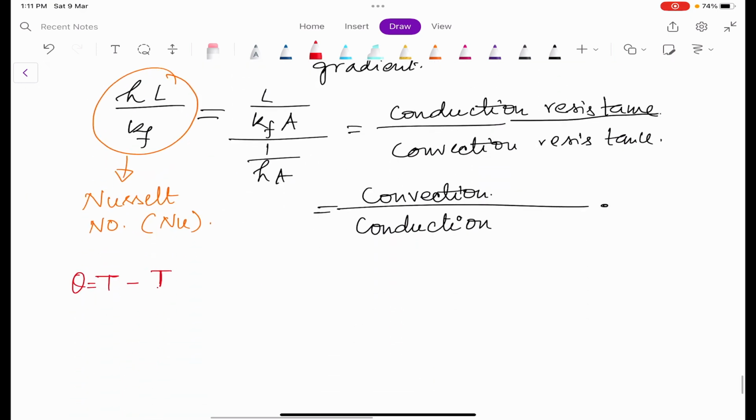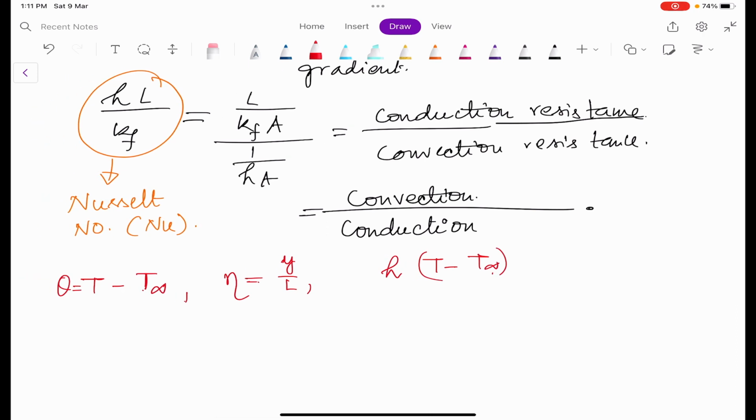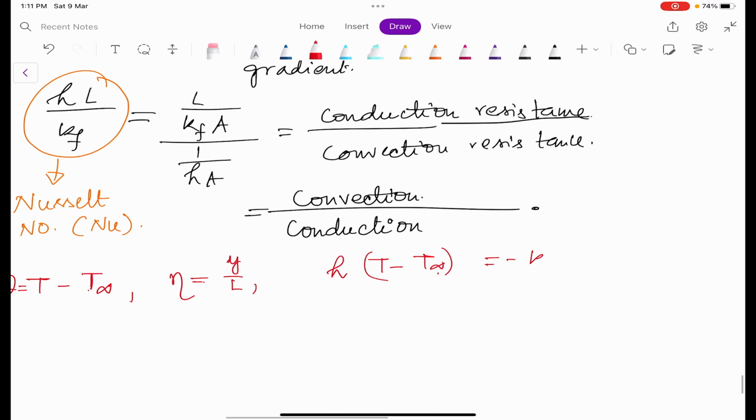So here theta is equal to t minus t infinity, and eta is equal to y by L. Then the main equation is h of (t minus t infinity) equal to minus k_f del t by del y at y equal to 0.